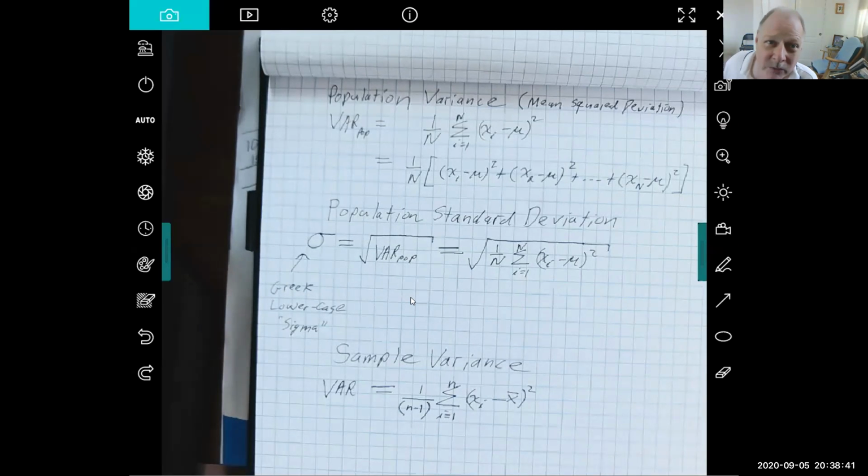Now, any particular one sample you get one day, it's not going to be exactly the same. Some will be bigger and some will be smaller, but it averages out right, and that's what I mean by unbiased. So that's the sample variance.